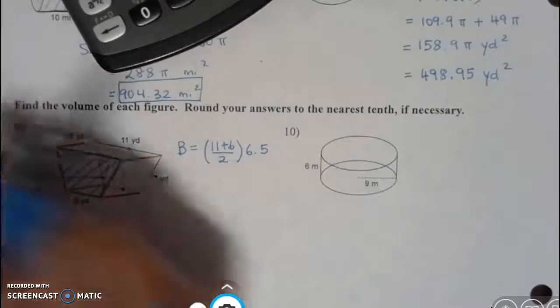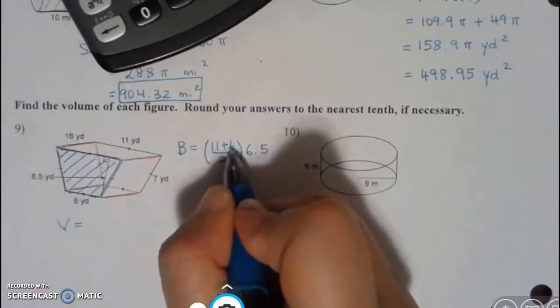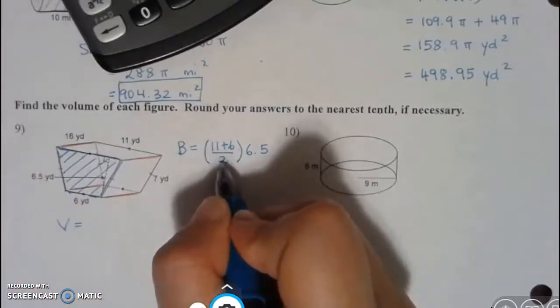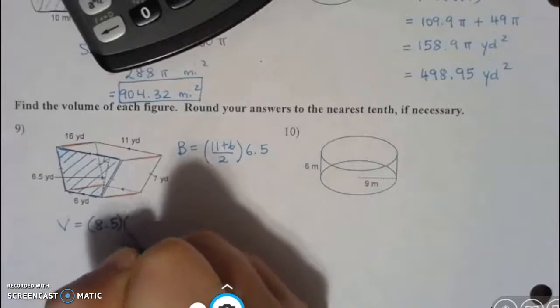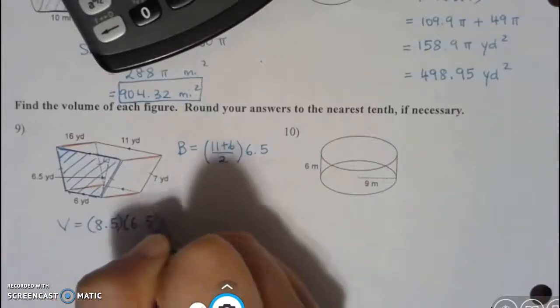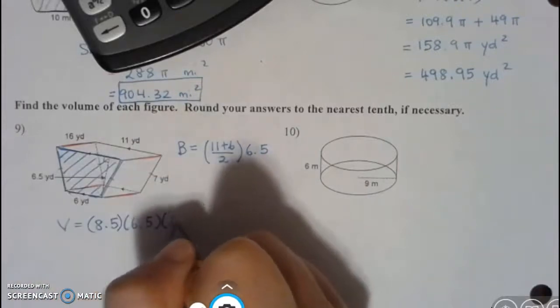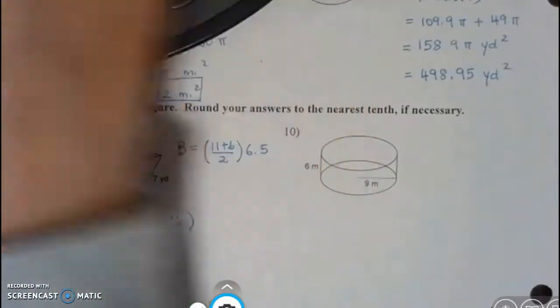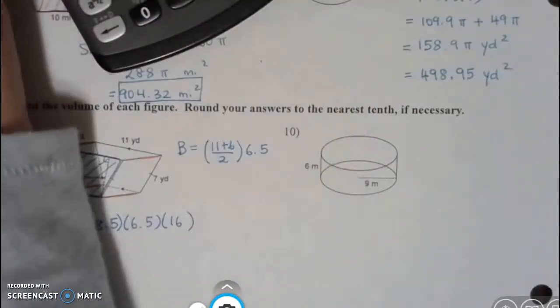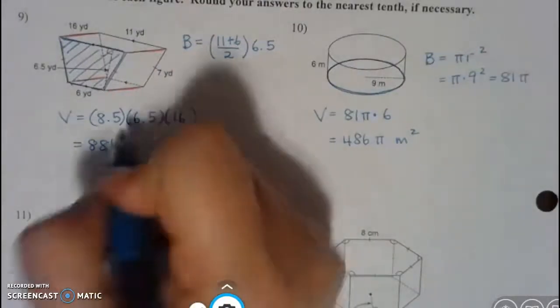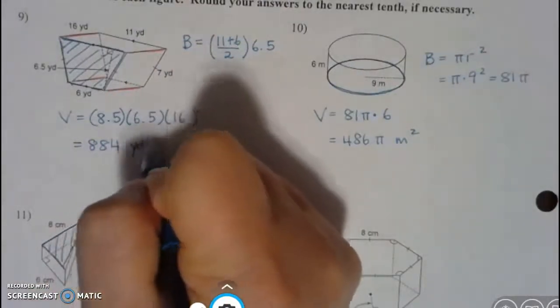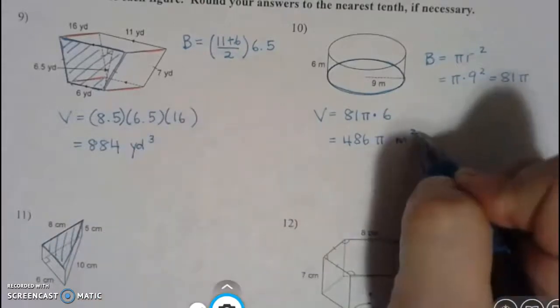So 11 plus 6 is 17 divided by 2 is 8.5, multiplied by 6.5, and the thickness is 16. And that comes to 884 yard cubed because it's a volume.